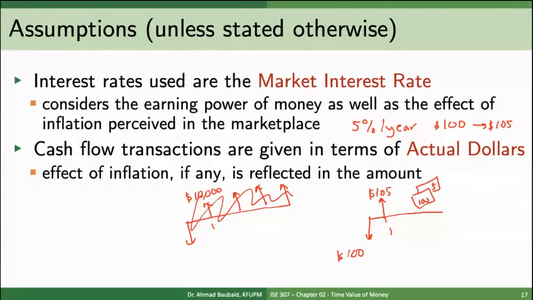Now we know from time value of money that this 105 is worth less, maybe, or roughly the same, depending on the interest rate, as $100 today. So if the interest rate is 10%, we already know that $100 today is going to be worth $110 a year from now. So this is actually worth less than $100 today, even though the number is higher. However, it's important to note that this amount is going to be the actual bills, the actual dollars that you receive.